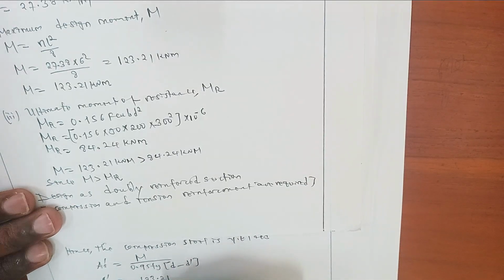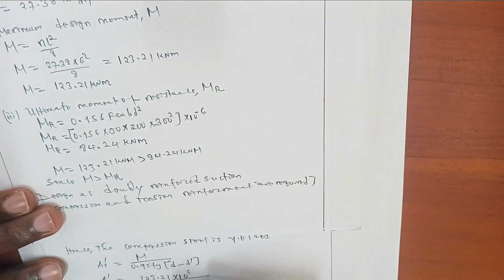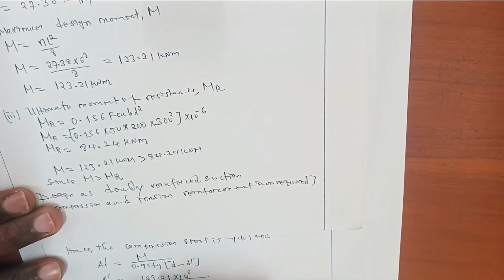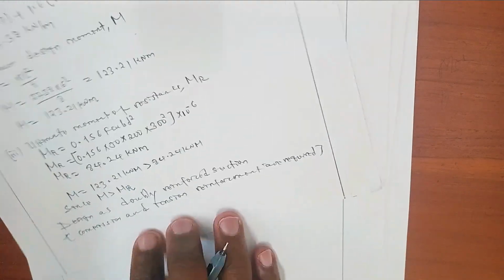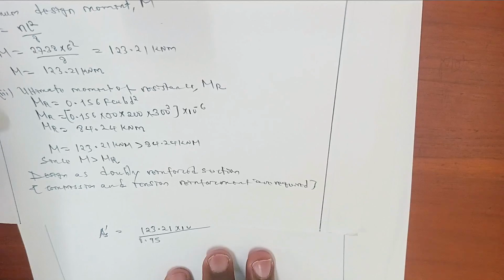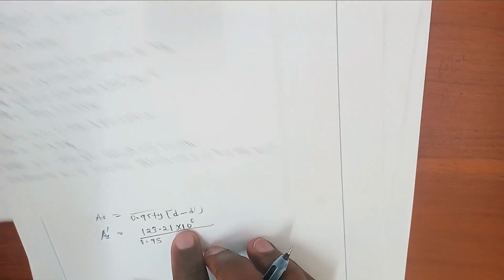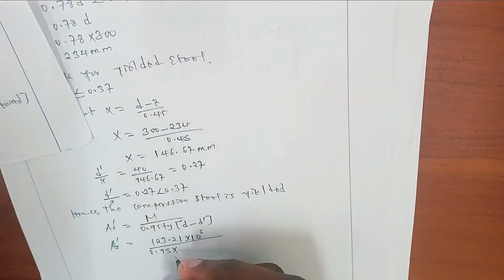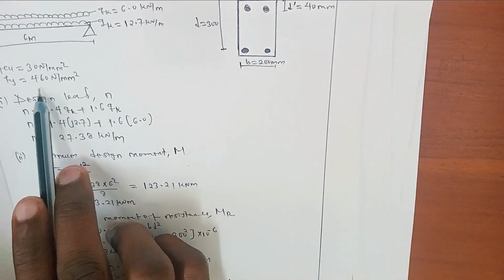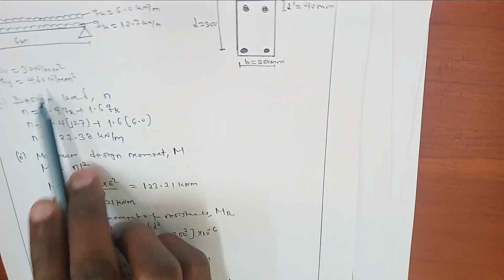So to be in Newton millimeter, we multiply by 10 power 6, over 0.95 times Fy. Fy is this one, 460.